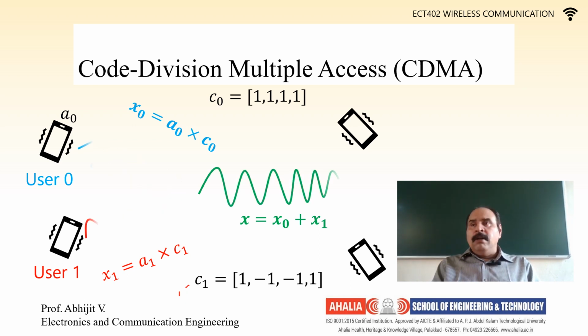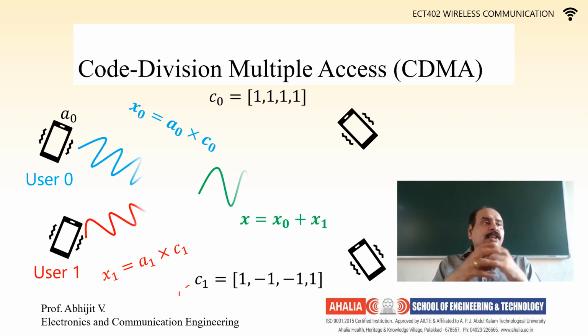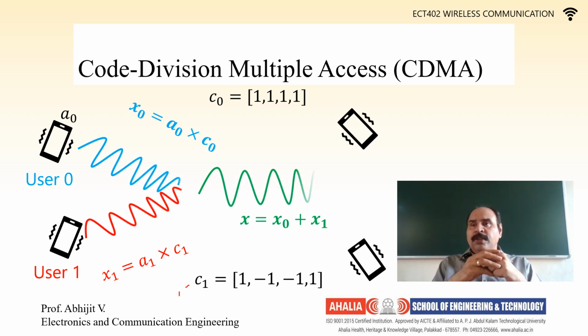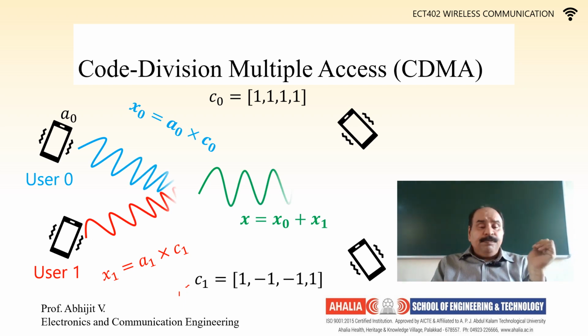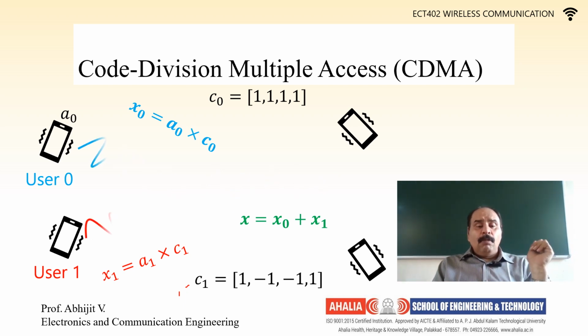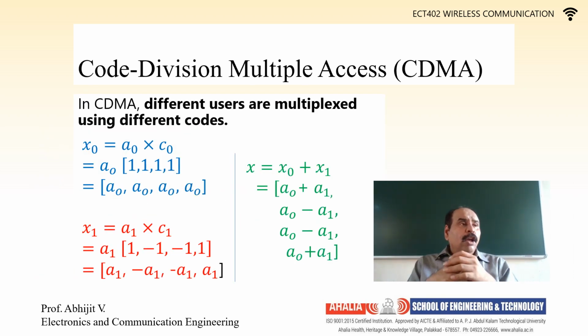So now we'll find out how we are going to extract A naught and A1 from the received signal. You are clubbing these two signals and sending them together, right? In CDMA, different users are multiplexed with different codes. Today, in this example, we have taken only two users. We can have multiple users.